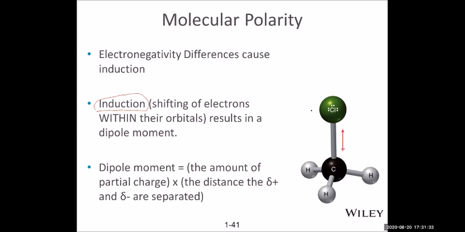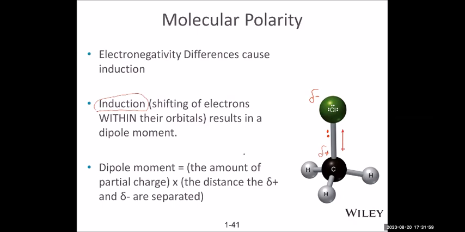In the end, the shared electrons are more toward the chlorine, which makes the chlorine slightly negatively charged. And as a consequence, the carbon has a slightly positive charge. So we have a positive-negative charge separation along the bond. It causes the dipole moment.